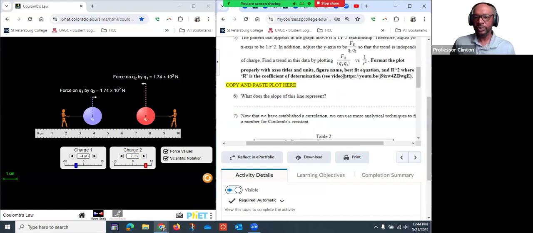And if you're a little bit shaky on big R coefficients, this is the coefficient that statisticians use to see how close to a specific graph we are. In this case, we're going to try and get this to look like a line or a linear graph. So you're going to want to go through and read this or just watch this quick video here.